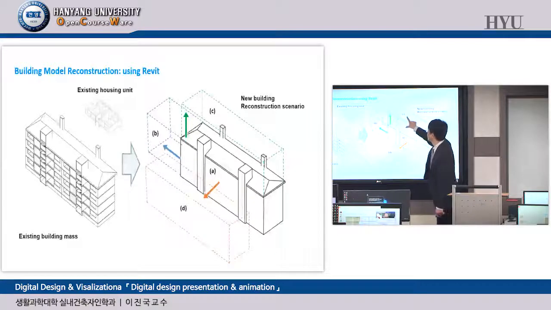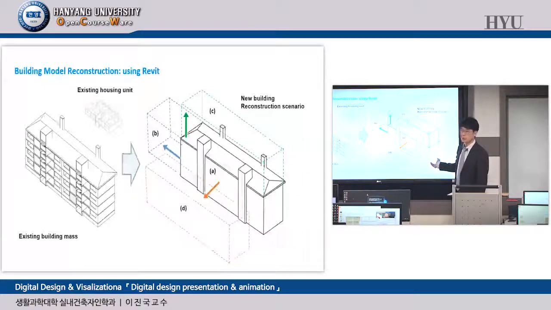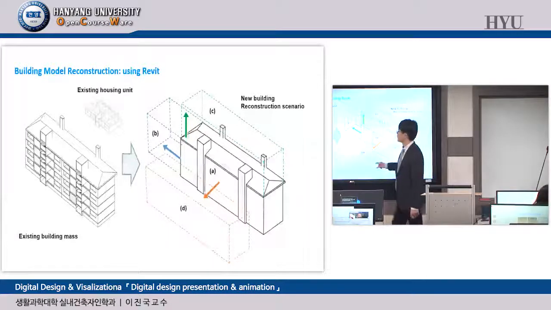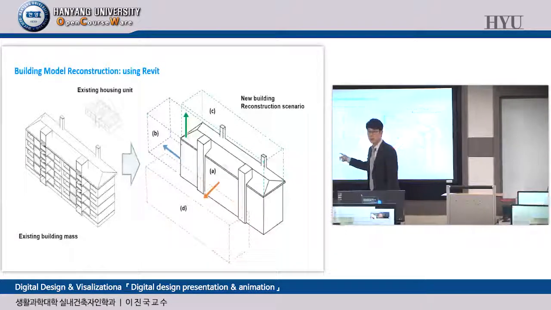How about vertical expansion? That's the second scenario. The third scenario is here, an annex building, okay? A newly constructed building connected with this building, or connected through an exterior walkway or bridge, whatever, okay? Many possible scenarios. So we are designing this scenario, not this existing building, okay?